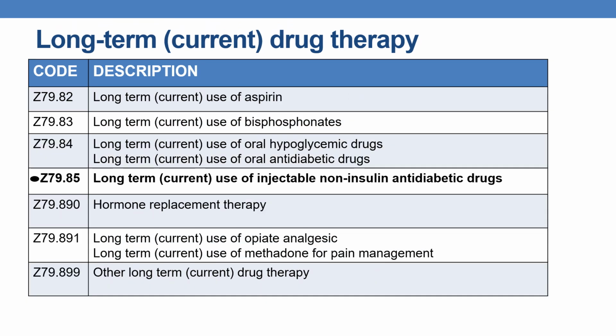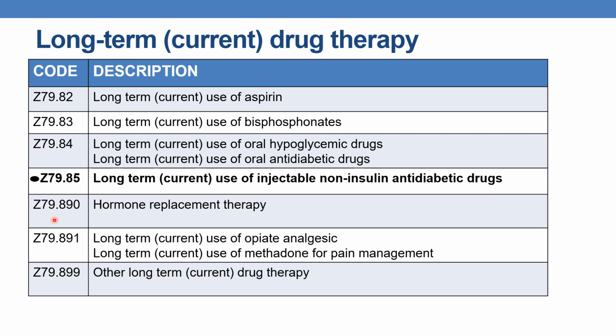The next code is Z79.82, that is long-term use of aspirin. The next is Z79.83, long-term current use of bisphosphonates. The next is Z79.84, long-term current use of oral hypoglycemic drugs or oral anti-diabetic drugs. The next is Z79.85. This is also a new code, long-term current use of injectable non-insulin anti-diabetic drug.